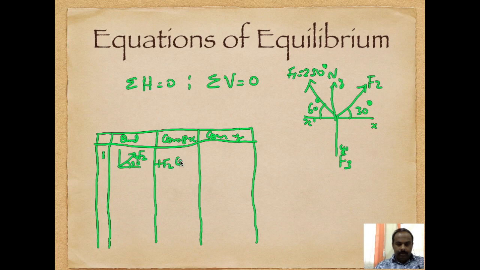F2 cos 30 and plus F2 sin 30. So that is done. Now let's do the second one. Second one is in the second quadrant. Let's draw the resultant. So we know x is minus, and y is plus.